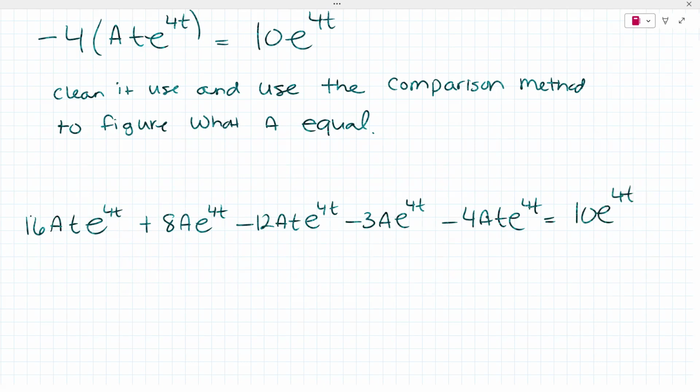Then all you got to do is combine like terms.